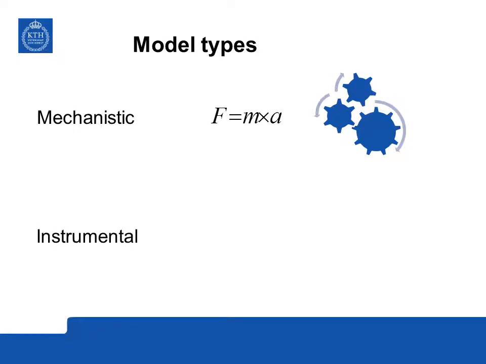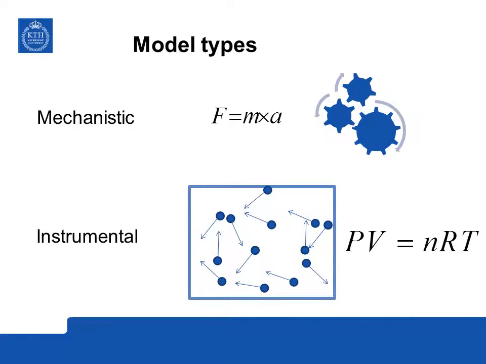On the contrary, we can use an instrumental model. Here, the reality is so complex, it becomes very difficult for us to describe it. Even though, for instance, in this gas container with all these molecules, in principle it would be possible to describe all the molecules and their individual motions, it is simply impractical due to the sheer numbers of the molecules.